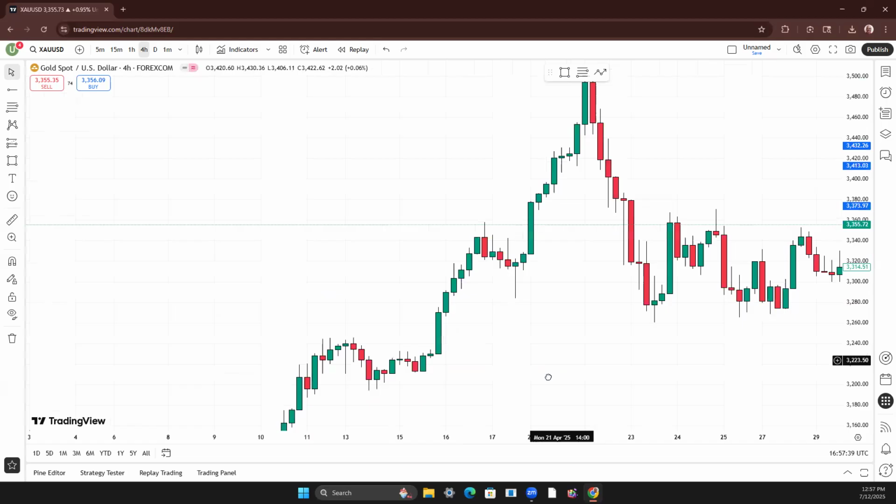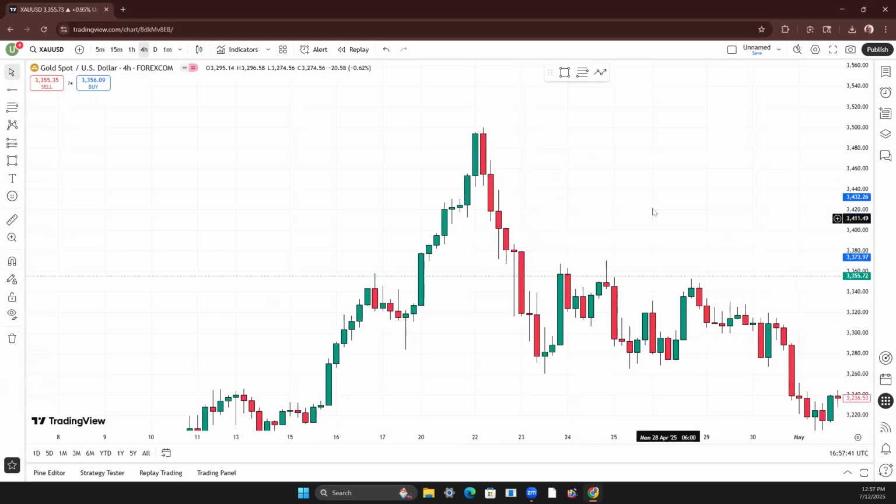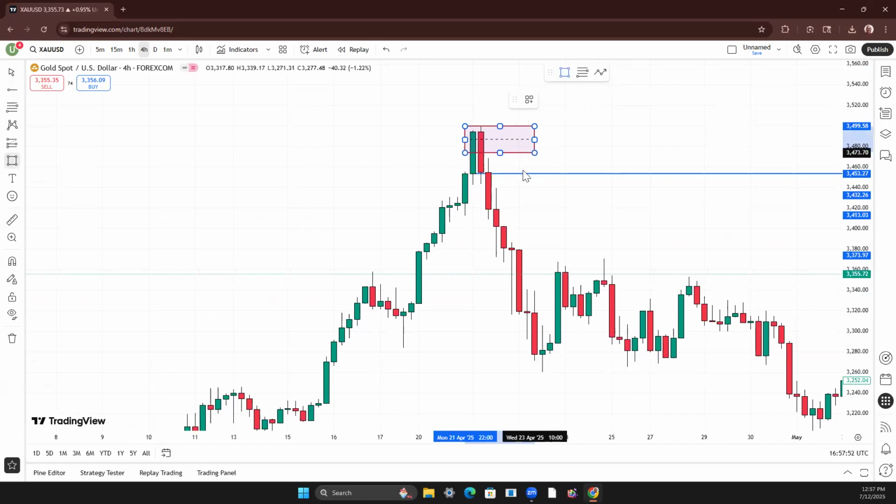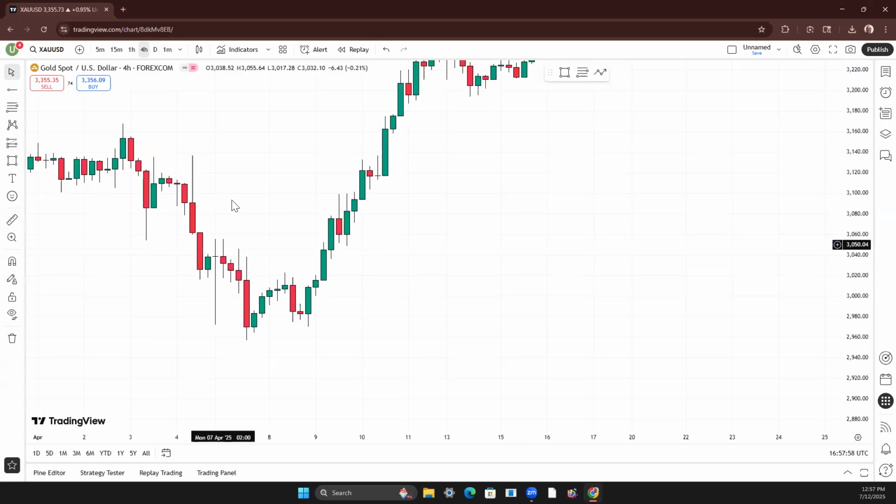Yeah, let's do it on the tweezer top. Put it underneath the green candle, box it out. There's a reason why I'm sharing this with you, because I had an epiphany when I uncovered it, and it's going to blow you away.